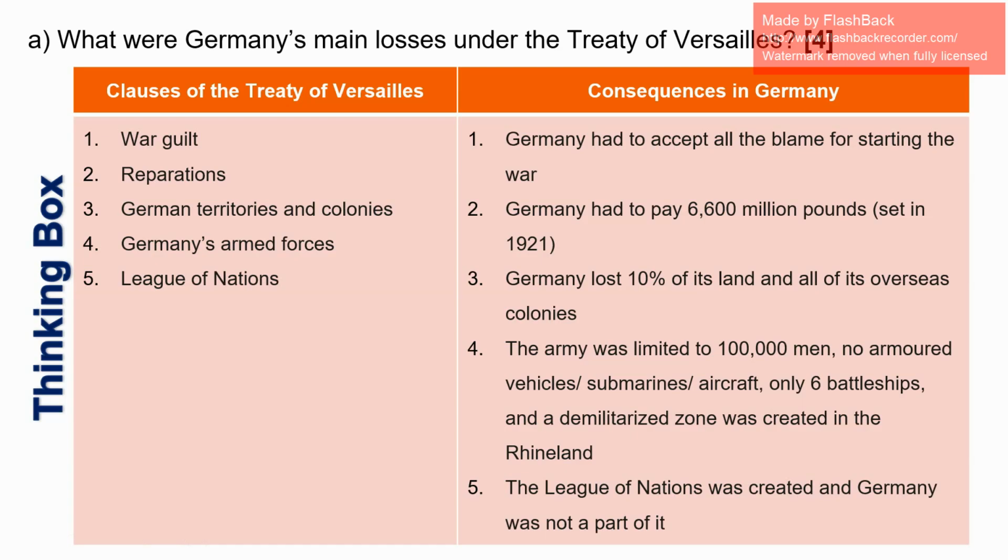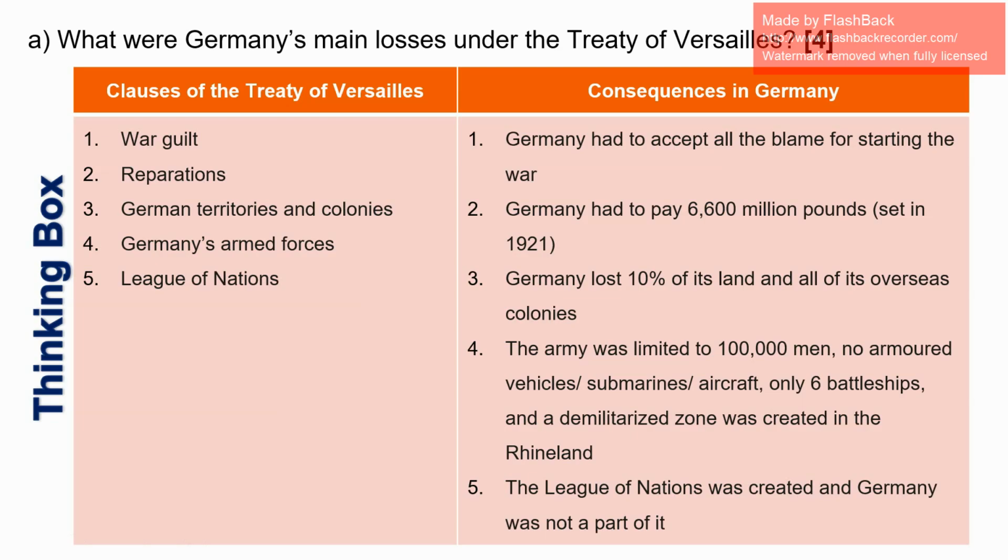So we have the clauses, and those clauses lead to consequences, of course. So connecting. War guilt made the Germans very angry because it was humiliating and they had to accept the fact they started the war when in reality it wasn't necessarily them. But they had to accept it. And if they accept the war guilt, they have to pay reparations.